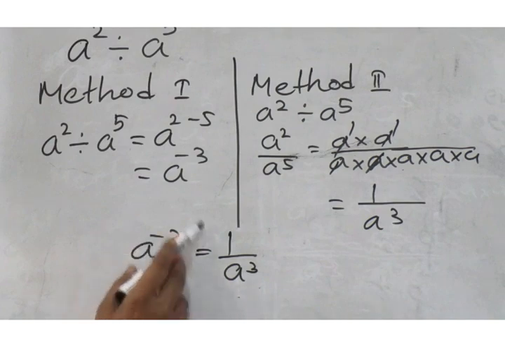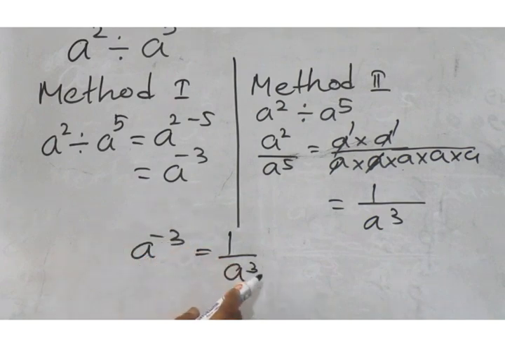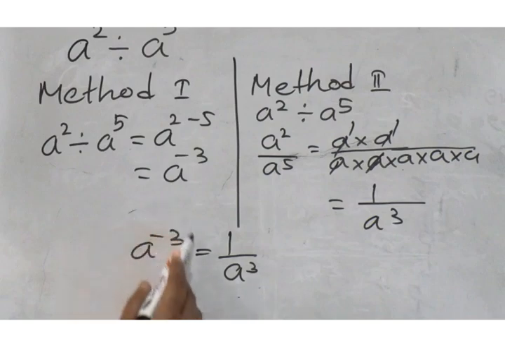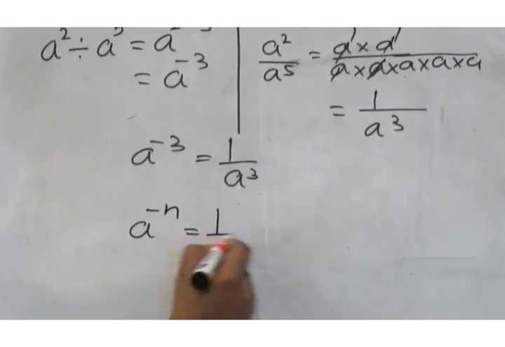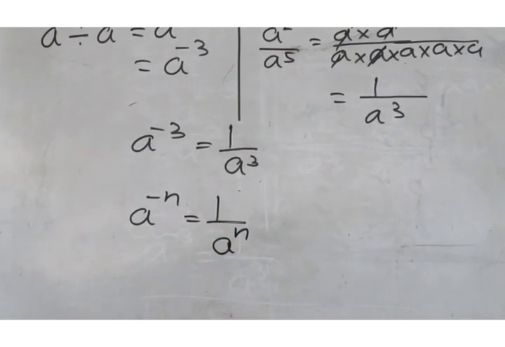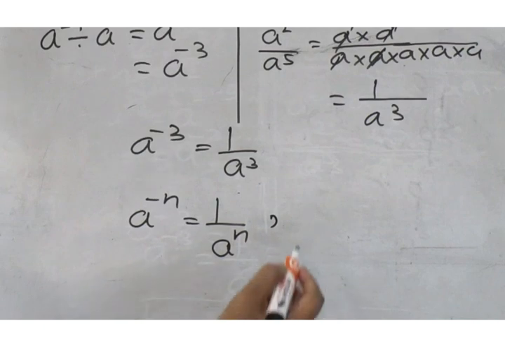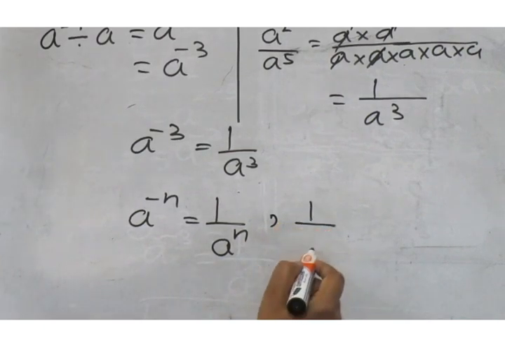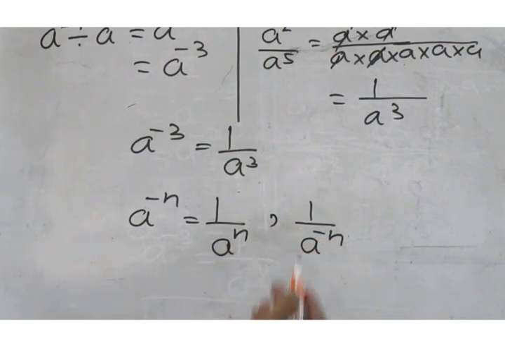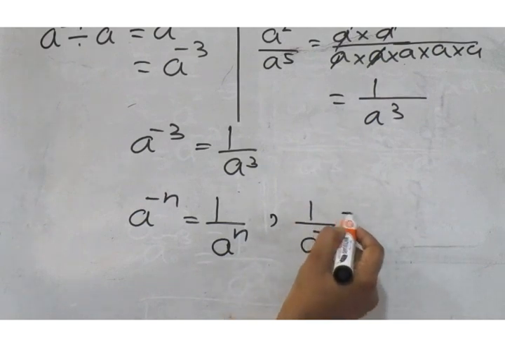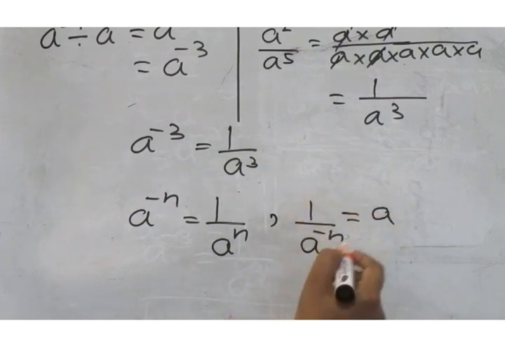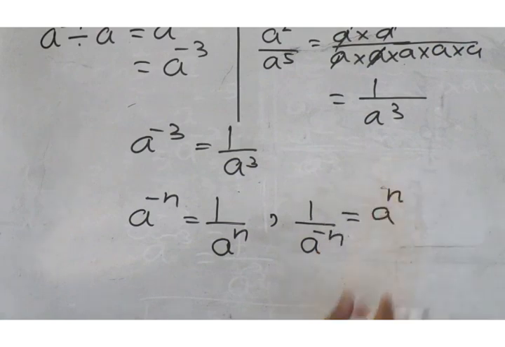Then this is a negative index. A negative index can be converted to a positive index by taking the reciprocal. Now this can be written as a relation like this. And also we can write 1 over a to the power negative n as a positive index, taking the reciprocal, a to the power n.